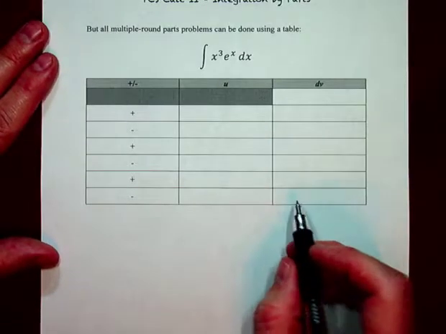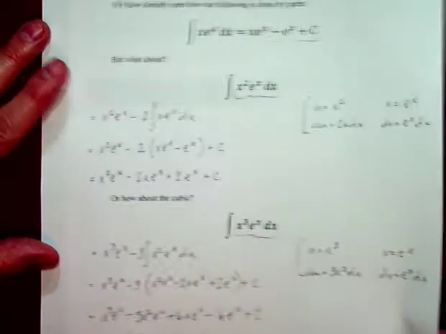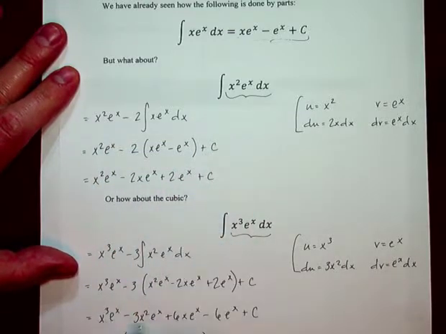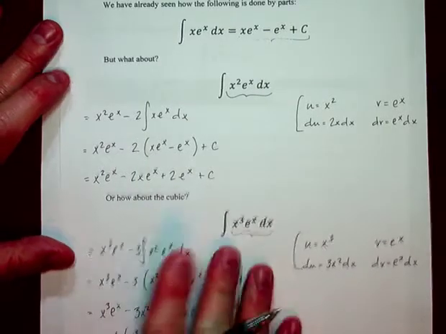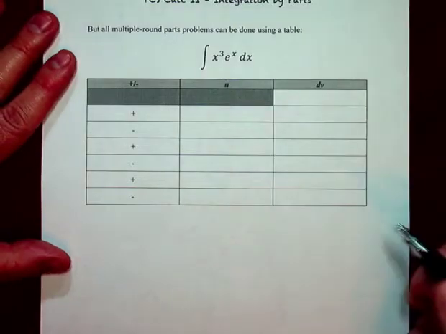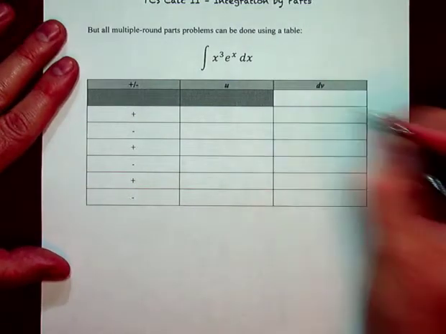What we want to do is, each round, notice that basically the terms here and the terms here are the u times v, right? Each term right here is the uv of each round. And so basically what we really need is a table that will spit out our u times v values.